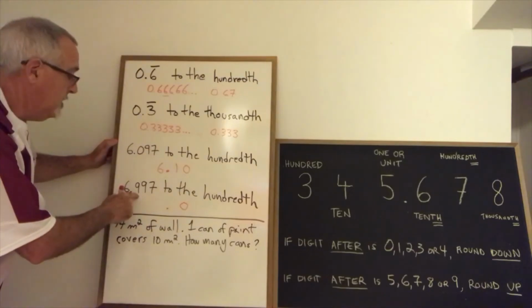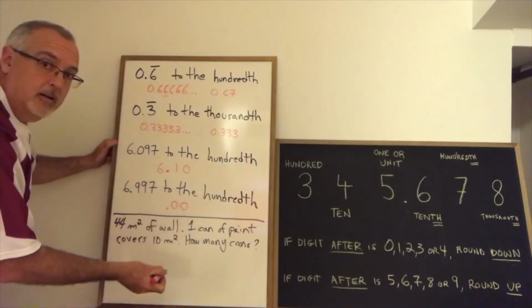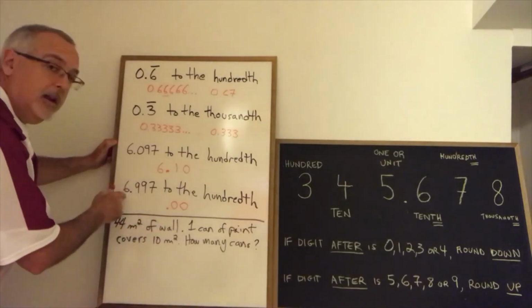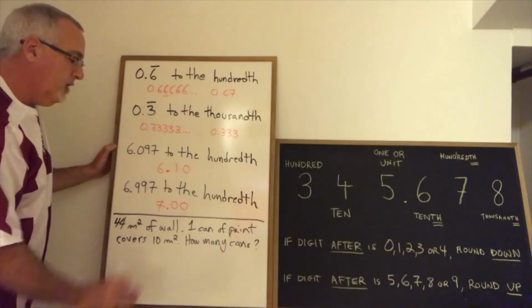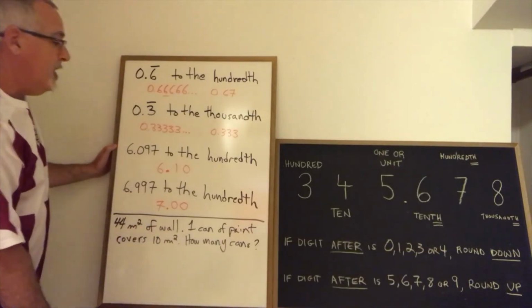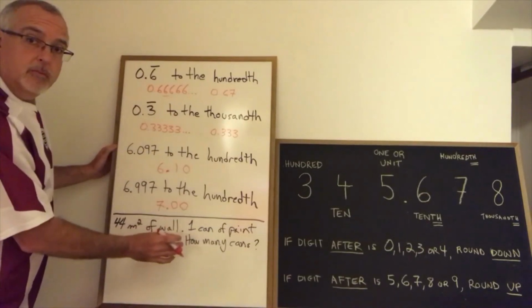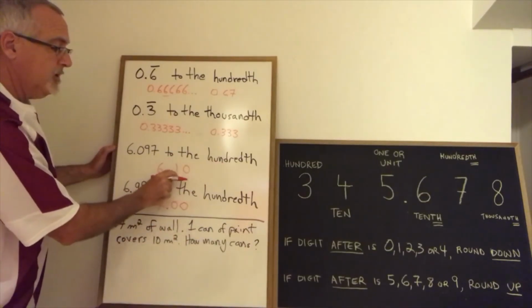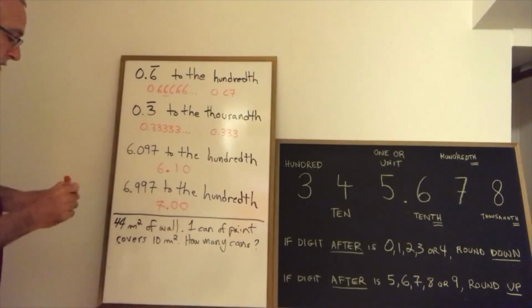I'm adding that 1 to a 9, so I'm getting a 10 again, which means I put a 0 here, and the number to the left of that has to go up. So weirdly, 6.997 to the 100th is 7.00. And you have these numbers that end with 0. The zeros have to be shown, because they ask to the 100th, you have to show 2 numbers to the right of the decimal in each case. I have to put zeros there.